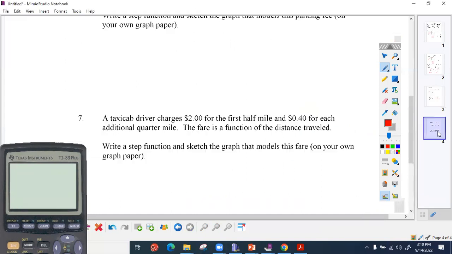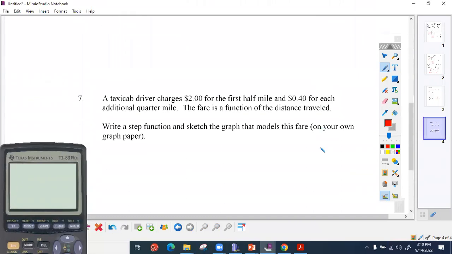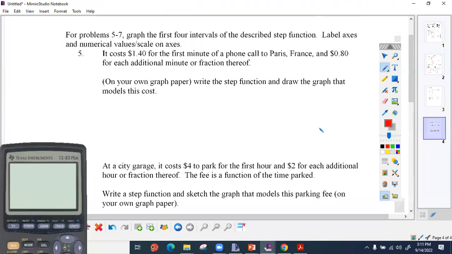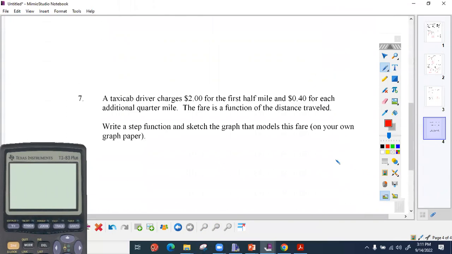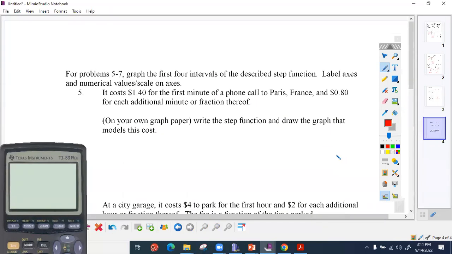Okay. On the back, the only ones that are not about the phone call are the parking, but hopefully it'll be fine once you get to the parking. Our next one here is about another phone call, and it's just talking about the additional after. So you're going to write your function, draw the graph, and that'll be it. If you need to start off with the table, if you need to break it down for yourself, that's fine.